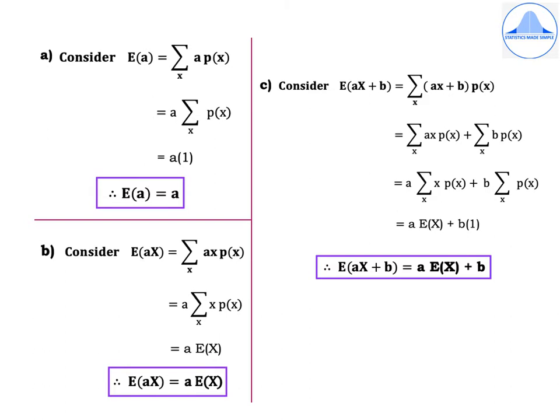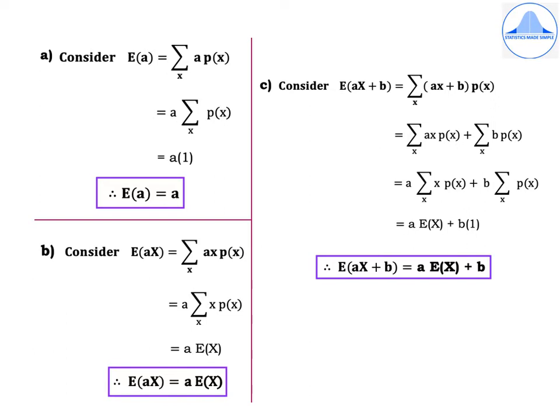So please observe the steps very carefully, practice it on your own so that you will remember how to get the final answer. That is equal to, now in the first part, you will see that a is a constant. So remove it outside the summation. So you'll get a into summation over x, x p of x plus, in the second term, b is a constant, so remove it outside the summation.